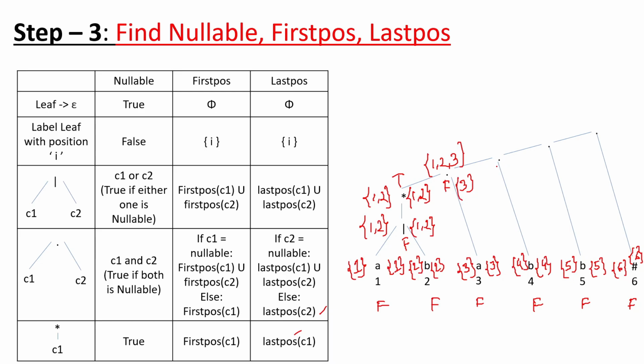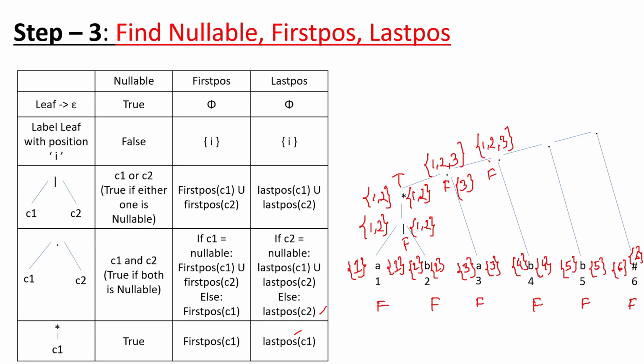Similarly, let's go to another AND condition. We can see that this is false, this is also false, so for this one it will be false, that is, not nullable. Now for this one, both of the children are false and C1 is not nullable. That means this part won't be satisfied. Else condition, else is first pos of only C1. What is the first pos of child 1? Child 1 is 1, 2 and 3.